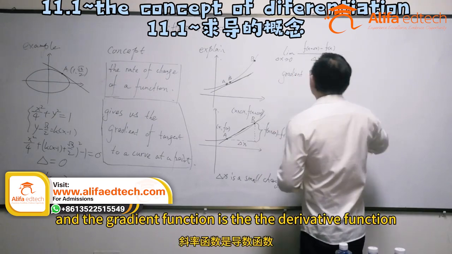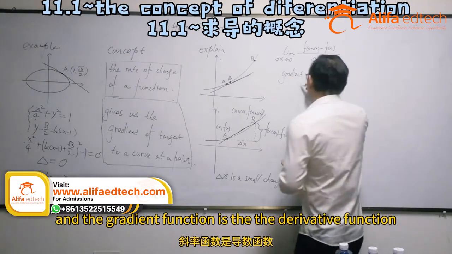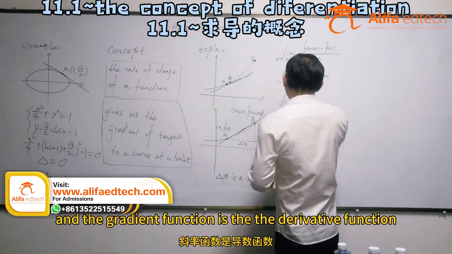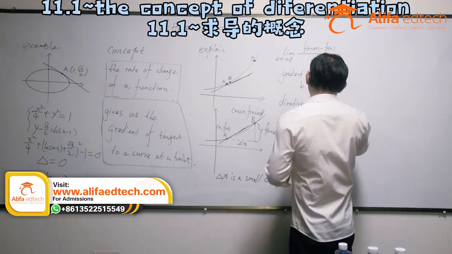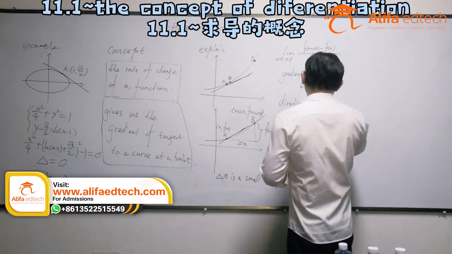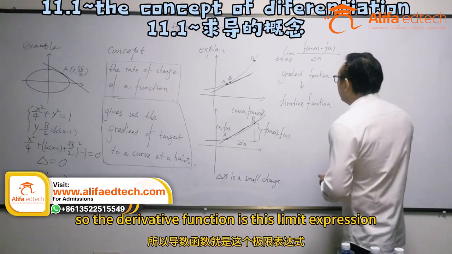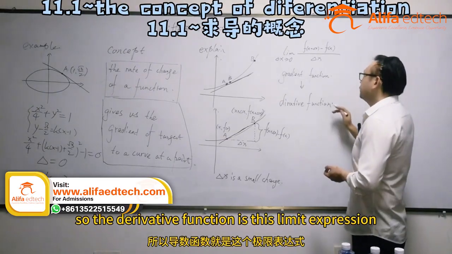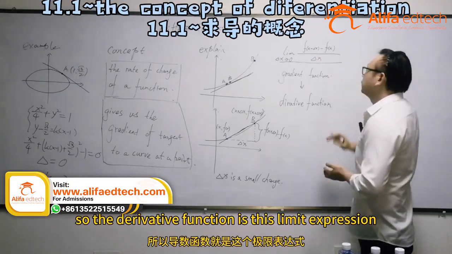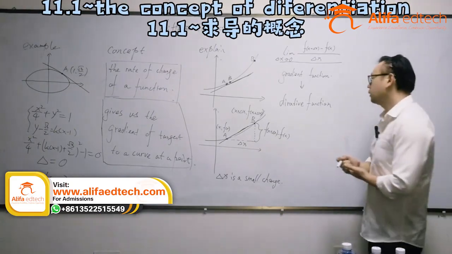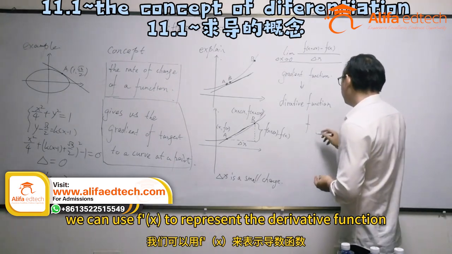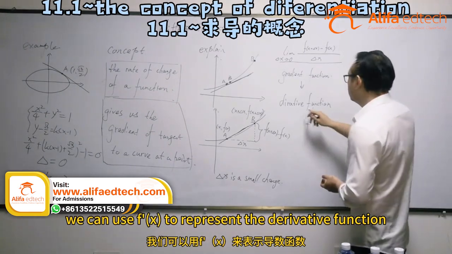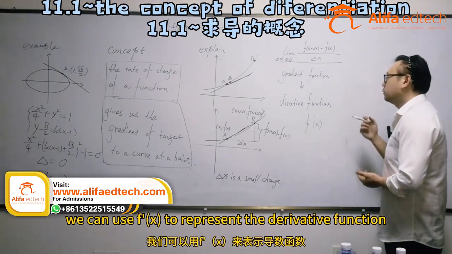And the gradient function is the derivative function. So the derivative function is this limit expression. And we can use f prime x to represent the derivative function.